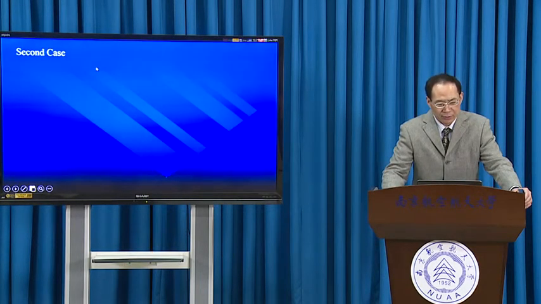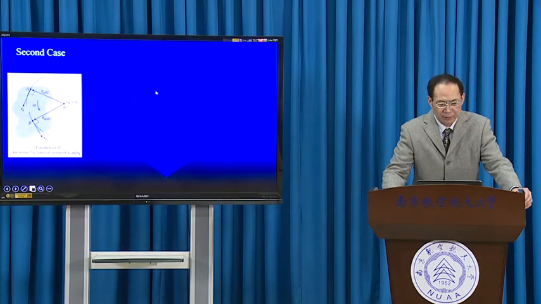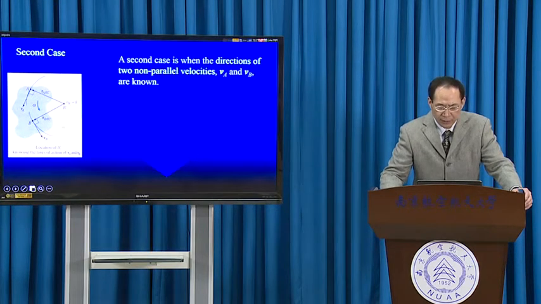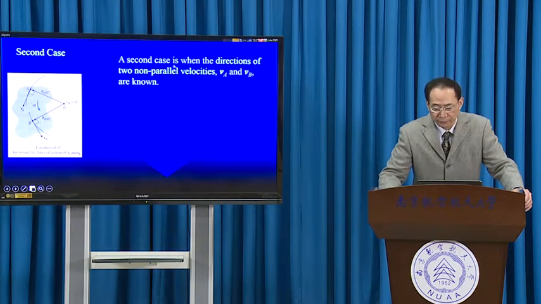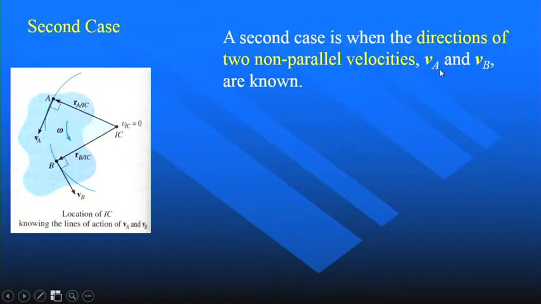Now, second case. In this diagram, we can see there are two velocities, VA and VB. We have already known their directions. Only directions are known.